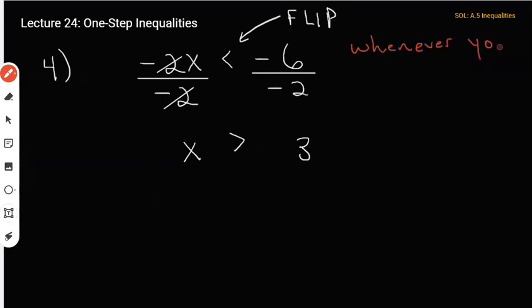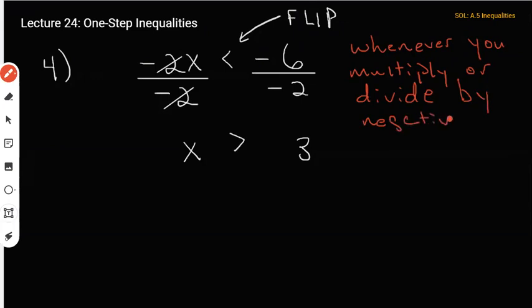So whenever you multiply or divide by a negative number, you flip the inequality symbol. You flip the inequality.